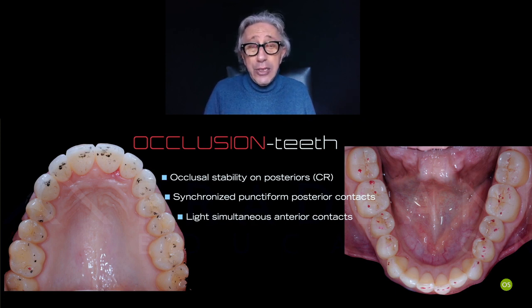And then you have an anterior guidance, as we said already, to avoid any posterior interferences during excursive movements of the anterior area. So anterior guidance, meaning cuspid and incisal guidance, should avoid any contact on posteriors, any interferences, to have the muscles less involved.